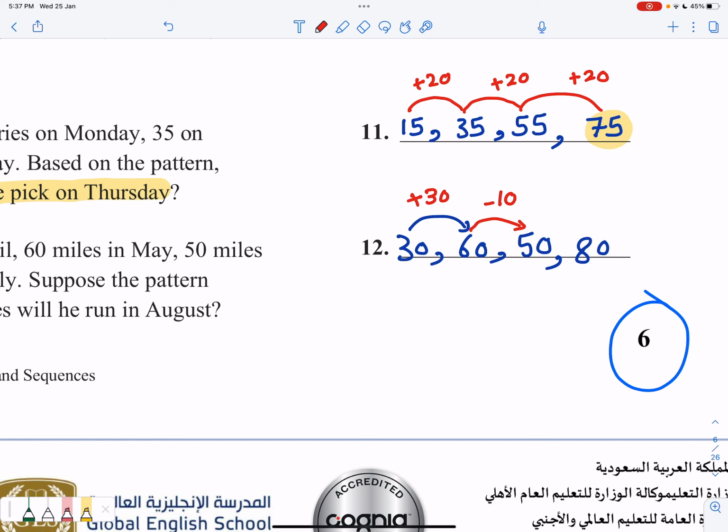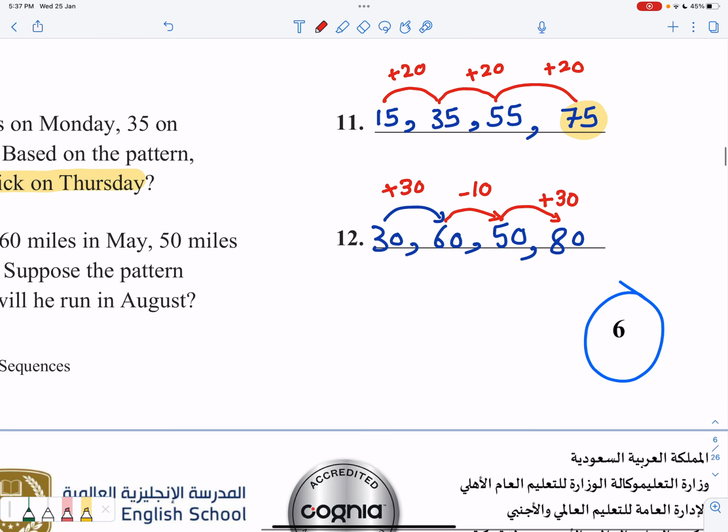Then again, to get from the 50 to the 80, we're going to add 30 again. So of course, to get from the 80 to the next number, we need to subtract 10 because the pattern is plus 30 minus 10, plus 30 minus 10, and so on. So we need to minus 10 from this 80. So 80 minus 10, it's going to be what? It's going to be 70.